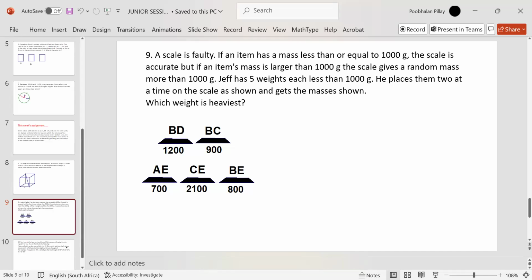So as long as you put something which is less than a kilogram, half a kilogram, 500 grams or something like that, it'll give you an accurate reading. But if an item's mass is larger than 1,000 grams, the scale gives a random mass more than 1,000. Oh, that's horrible. So if you put two things, so one is 500, the other is 700, it'll tell you the mass is 1 million. Random.